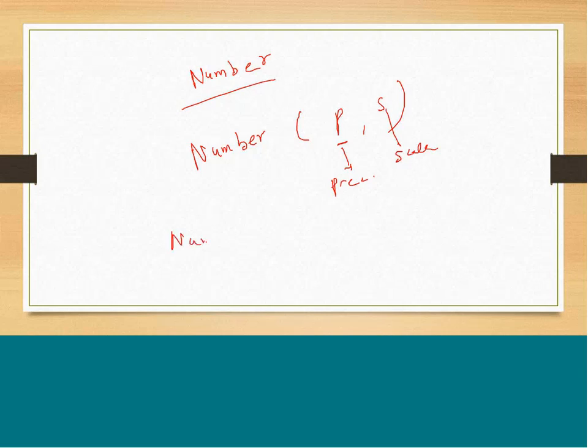For example, number 5 comma 2 will represent our salary. We will be counting our salary up to 2 decimal places after the decimal.